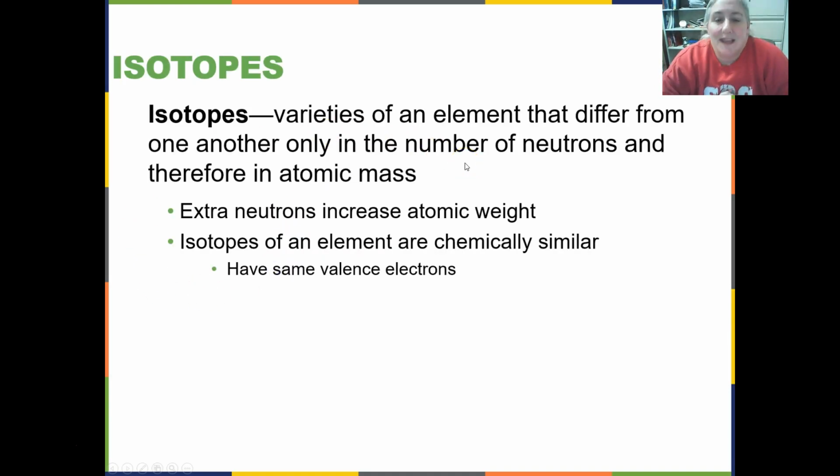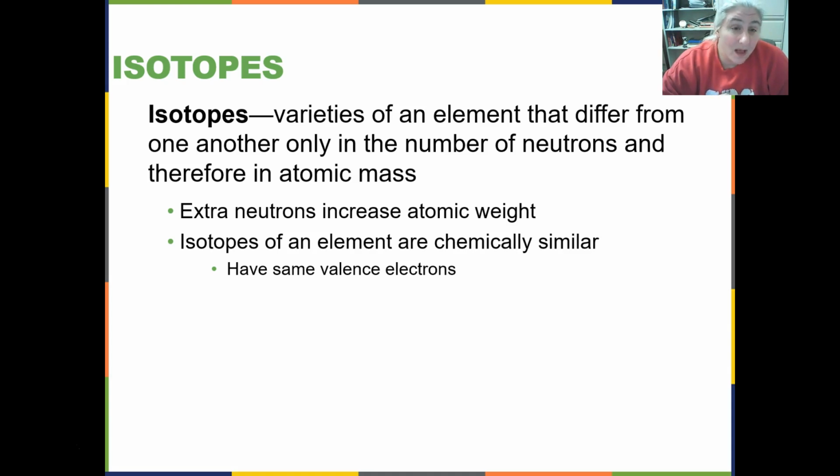An isotope then is a variation within an atom. Isotopes are going to differ in the number of neutrons, so they will increase the atomic weight. And you just saw a periodic table, and I showed you carbon had an atomic weight average of 12.001.